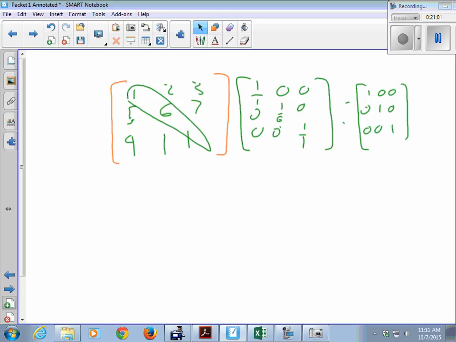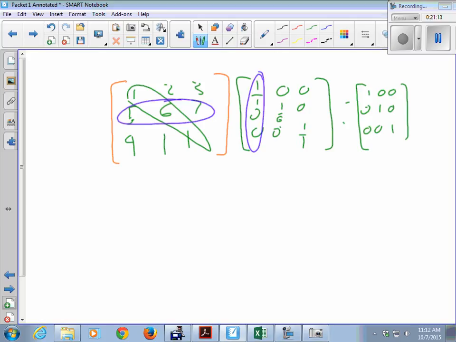No, this isn't. When you multiply the second row times the first column, that should give you row 2, column 1's entry, and you end up with 5. Yeah, it was a good try.